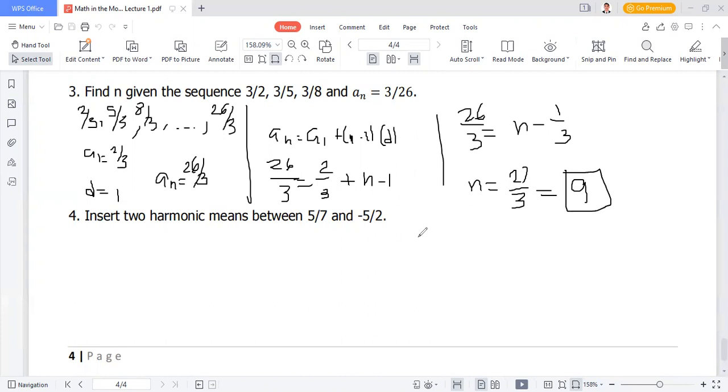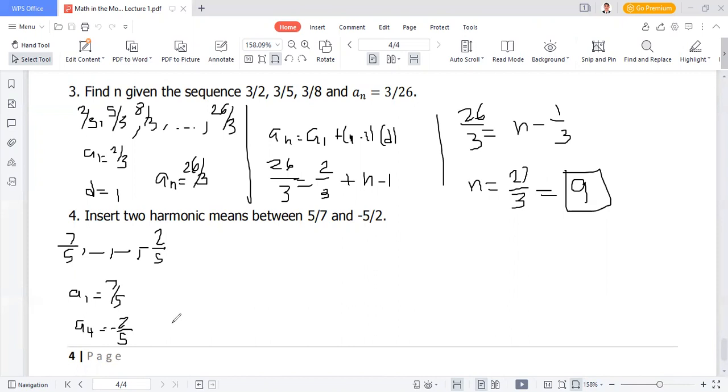So last number, insert two harmonic means between 5/7 and negative 5/2. So baliktarin natin, 7/5, maglagay tayo sa gitna, tapos negative 2/5. Okay? A sub 1 is 7/5. A sub 4 is negative 2/5.